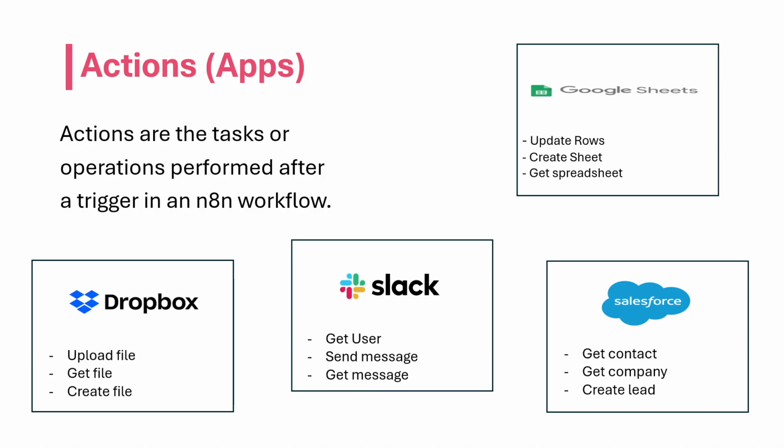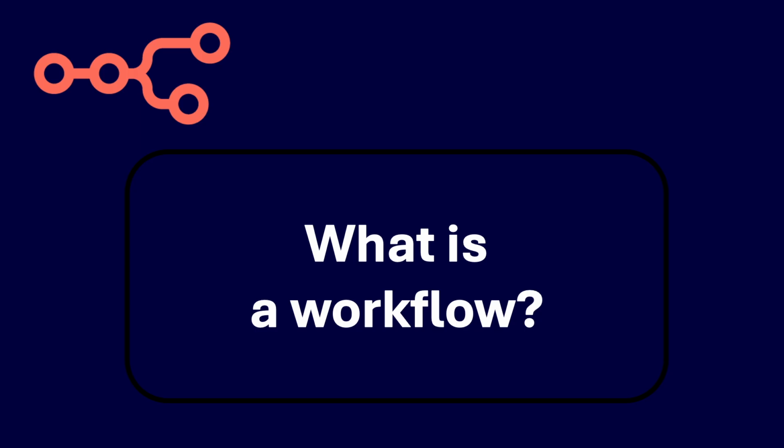In Slack, we get the data of a user, send a message, or get a message. Also Salesforce. These are some applications which work based on the action part of the workflow. Then we will see what a workflow is and how it really works.